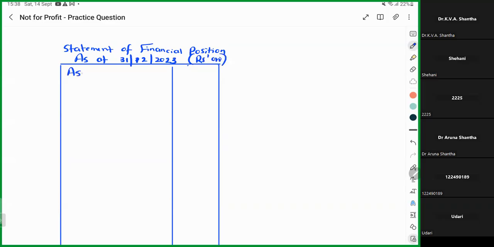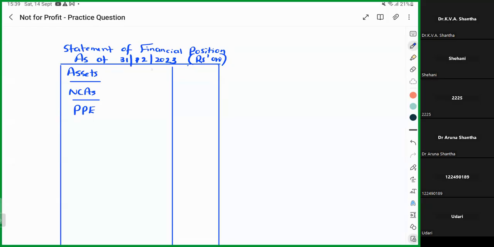You can take assets, non-current assets. Under that, property, plant and equipment. You can show it in a note, like the one prepared for companies. When you prepare financial statements for a company, you prepare the property, plant and equipment note.